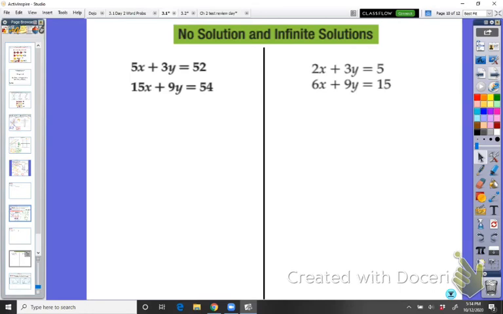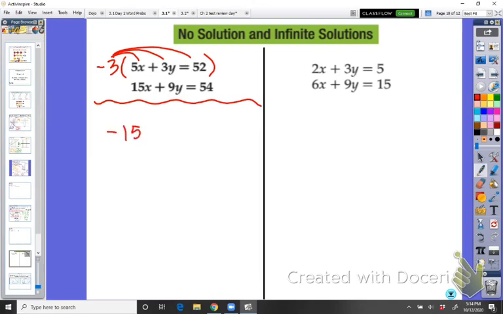So I can use elimination because all my x's and y's are lined up. They all have coefficients. So I'm going to take this top equation and I need to multiply it by a negative 5 to get some opposites. Or I'm sorry, not negative 5, a negative 3. So that means that first equation is going to be multiplied, all three pieces, by negative 3.